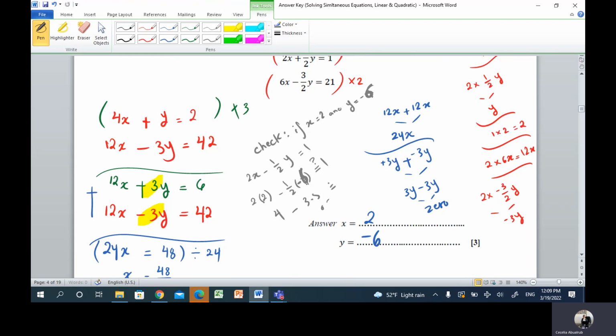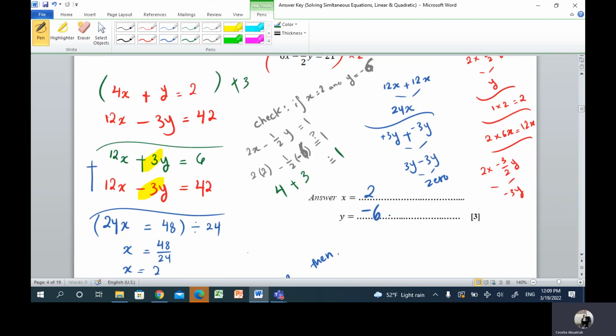Negative 0.5 times negative 6 will be plus 3. So 4 plus 3. Is it equal to 1?